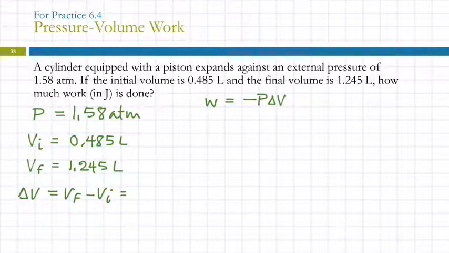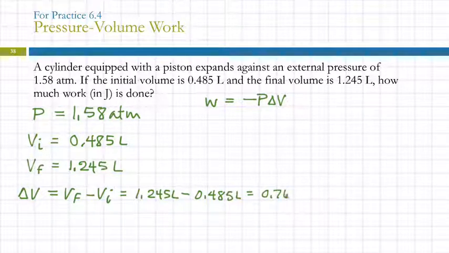So the final is 1.245 minus the initial 0.485 is 0.760. That's the change. I want this 0 here at the end because each of these in my subtraction had 3 decimal places, and so my answer should have 3 decimal places also.